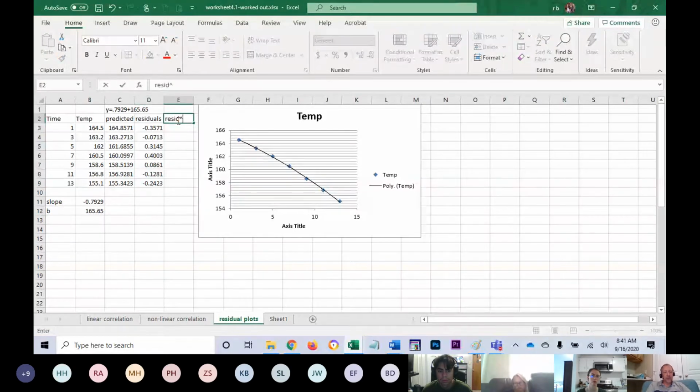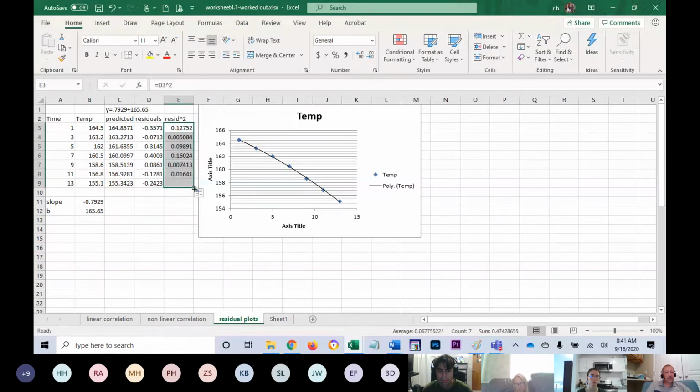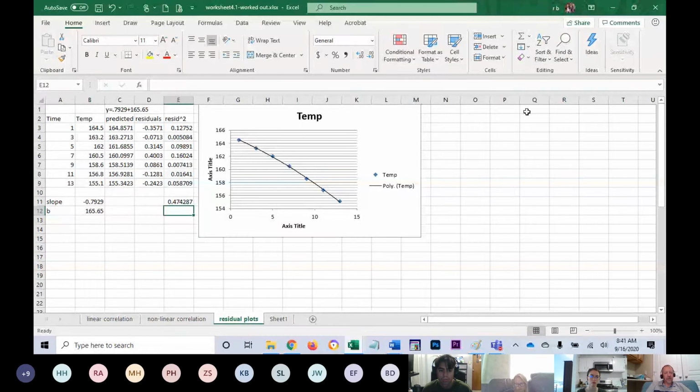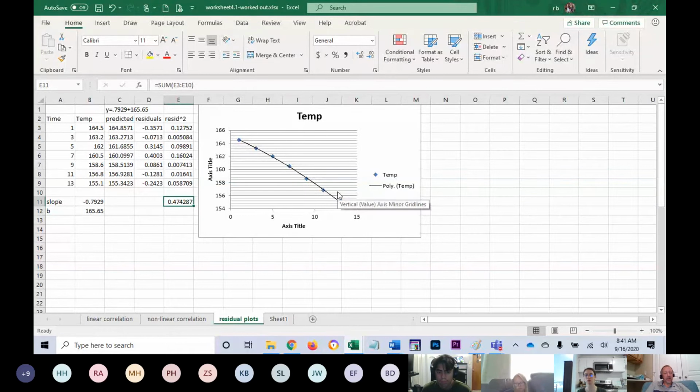If I do my residuals squared, I'm going to take this, I'm going to square it. So this looks like it's really nice, and I'm going to get a nice small sum. In fact, that sum is less than 1. So you might say, gosh, a straight line looks like a really good idea here.